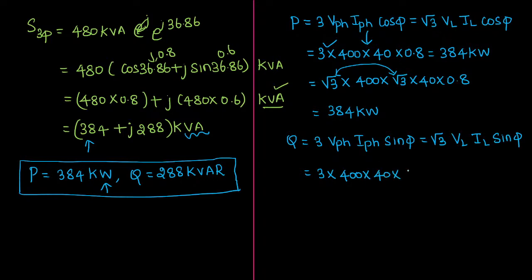Per phase current is 40 ampere. Sine of power factor angle is 0.6. This can also be written as root 3 times of line voltage, and line voltage and phase voltage are both the same in a delta connected system, but line current is 40 times root 3, into 0.6. So both will give you the same answer only. Once again, it will turn out to be 288 kilovolt ampere reactive power only.